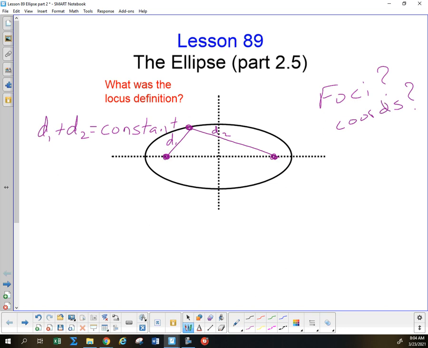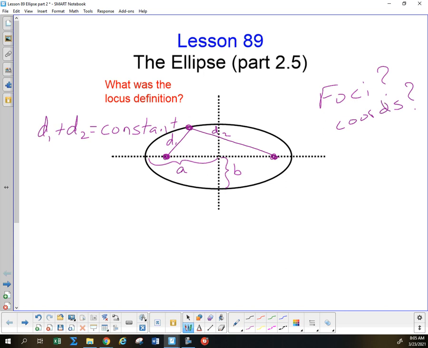Now, I also know some other things going on here. We know that this was an important distance. This was the square root of whatever was under the x numerator, and I'm going to call that a on this one. And we knew that this distance from the center was the square root of whatever denominator was underneath the y numerator.